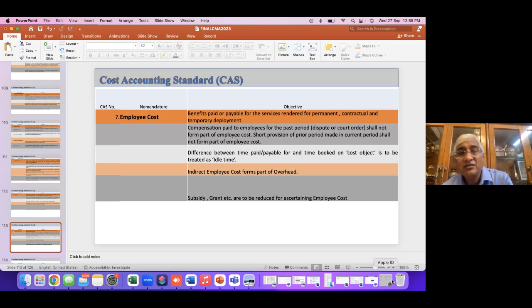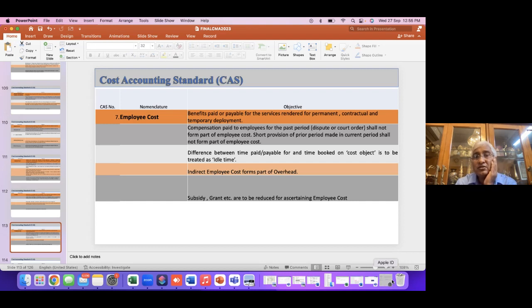Employee cost, again, is benefit paid or payable for the services rendered for permanent, contractual and temporary deployment. Compensation paid to employees for a past period, dispute or court order shall not form part of employee cost.